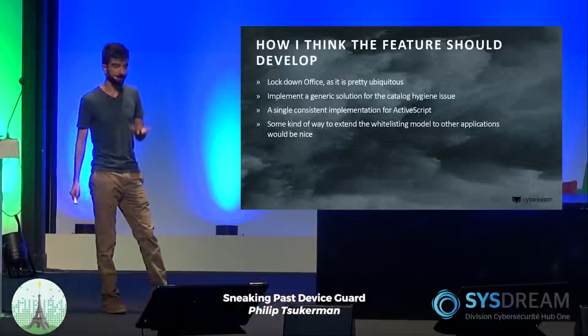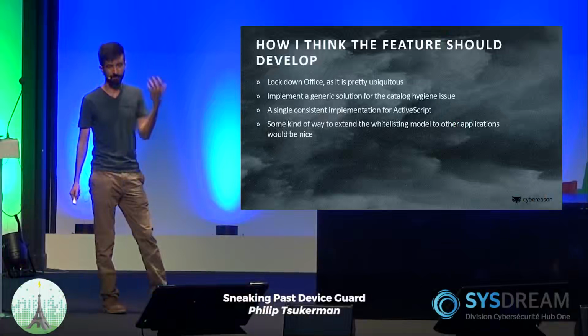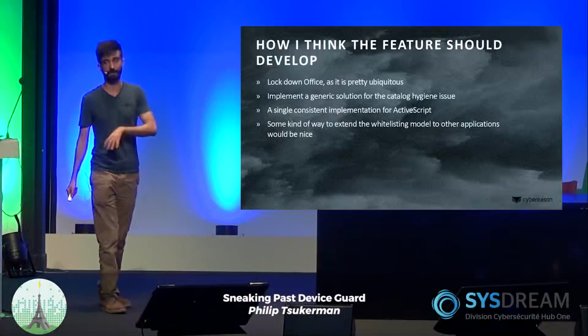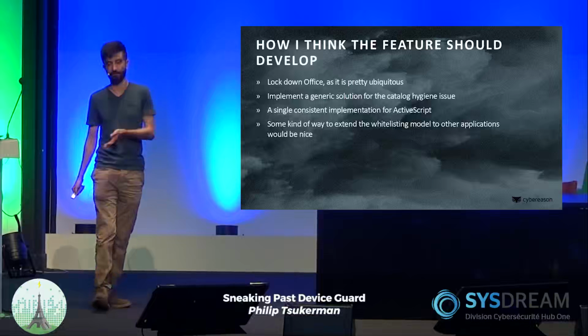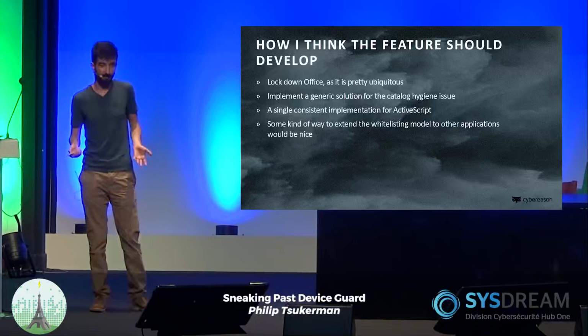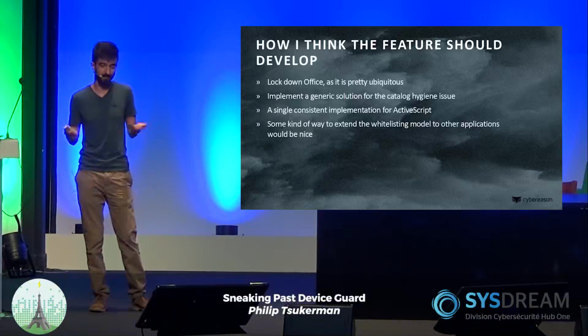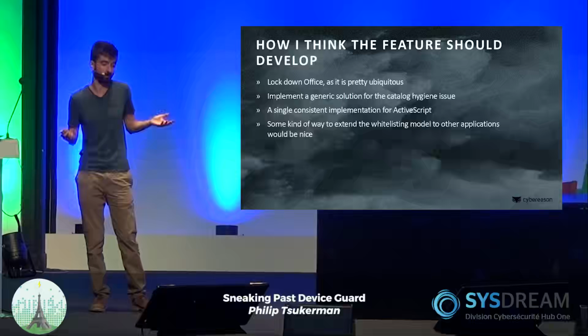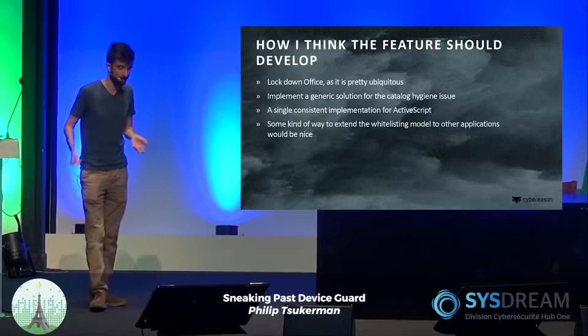Now, the way I think the future should develop is, first of all, you should really lock down Office because it's pretty ubiquitous. And unless you want to say that Device Guard is actually a server feature, you're going to have Office on your Device Guard machines, meaning that you'll have basically a ton of Device Guard bypasses every day.